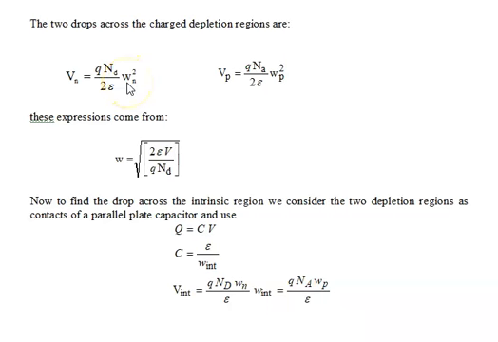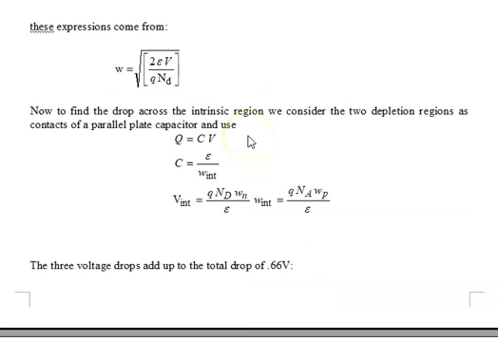So I don't know WN for the PIN. I know it for the PN, but I don't know it for the PIN. So that's one of the things we're going to find. So I can't use these equations directly because the depletion regions are going to be different for the PIN diode than they are for the PN junction diode. Okay.